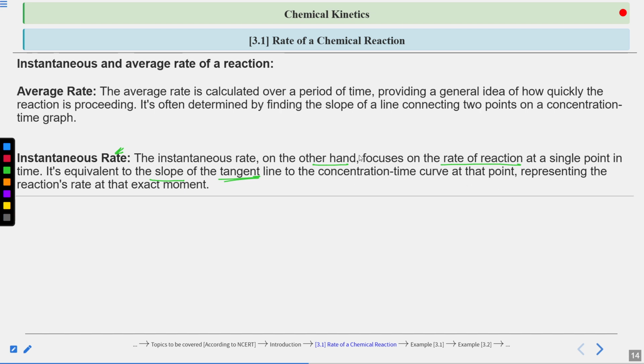When you draw the concentration and time graph or curve, the slope of the tangent at that point will be the instantaneous rate, which represents the reaction's rate at that exact moment.